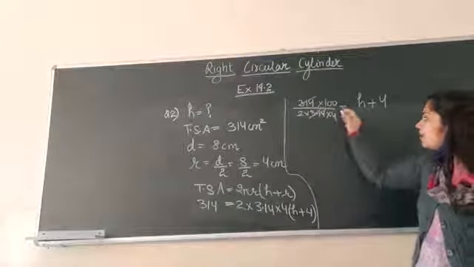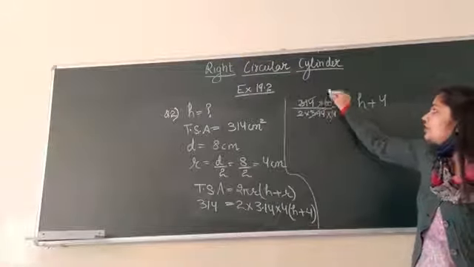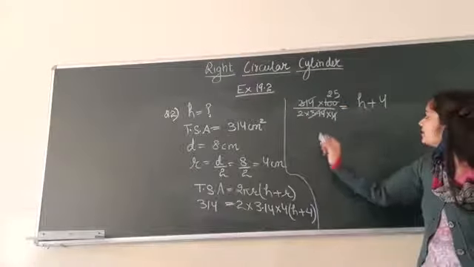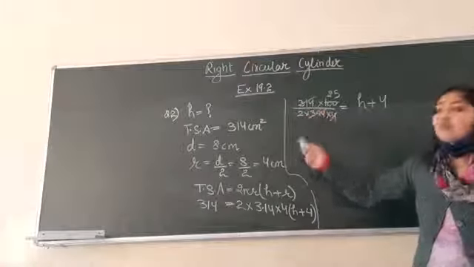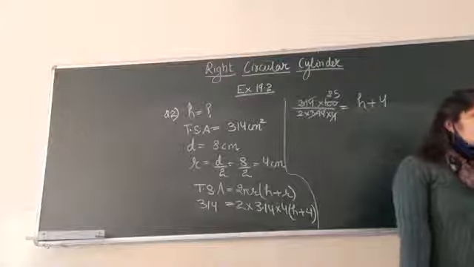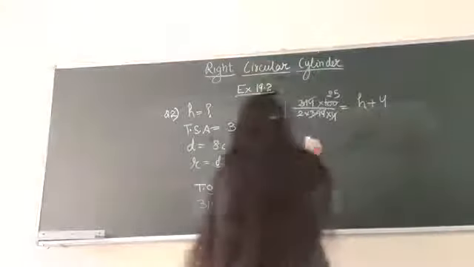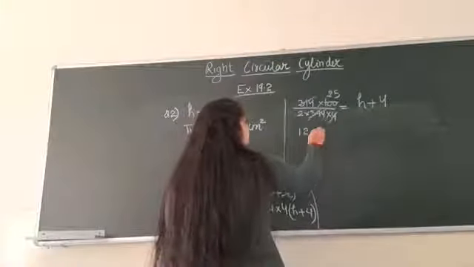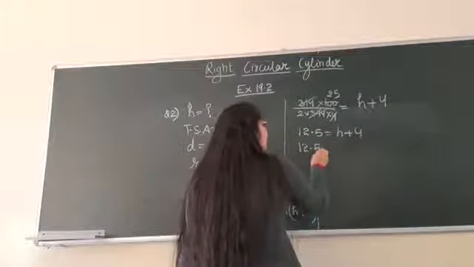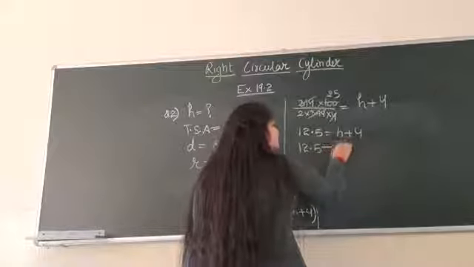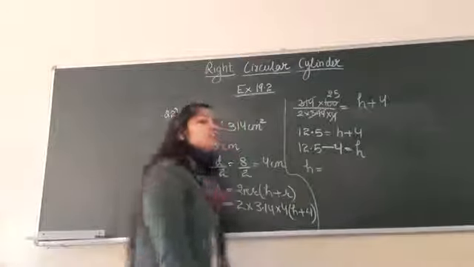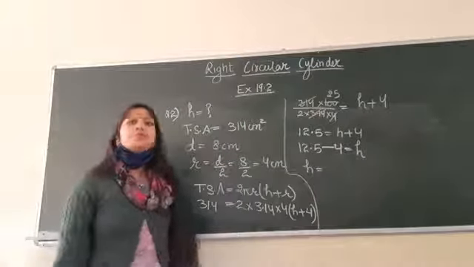And then further, 4 and 100. So 4 25s are 100. Right? And then it is 25 over 2, which I can write in decimals as 12.5 is equal to h plus 4, and 12.5 minus 4 is equals to h, which means h is equals to, what is 12.5 minus 4? 8.5.